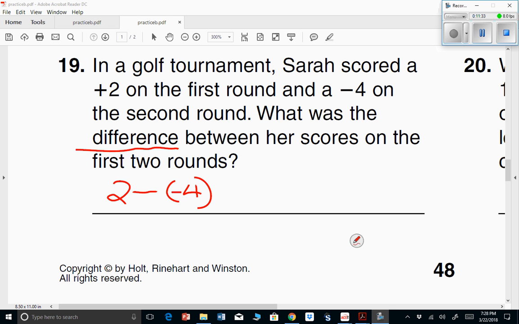Do you see that situation again where we've got subtraction of a negative? I'm going to write it over here so it will turn out better. You can simply go plus plus. Now it says 2 plus +4. 2 plus 4 is 6. You can also think about this on a number line.